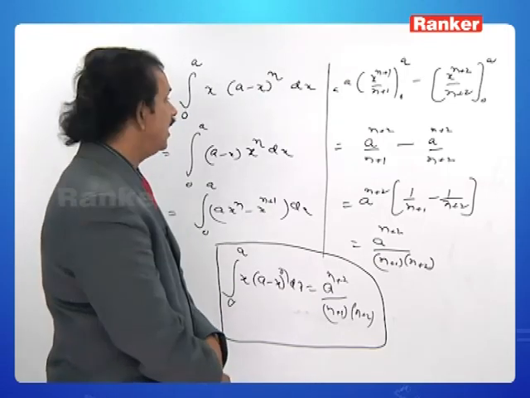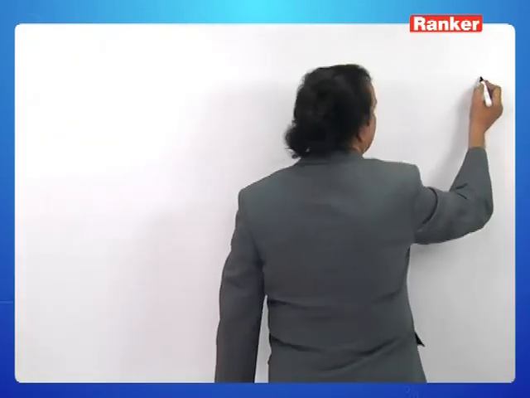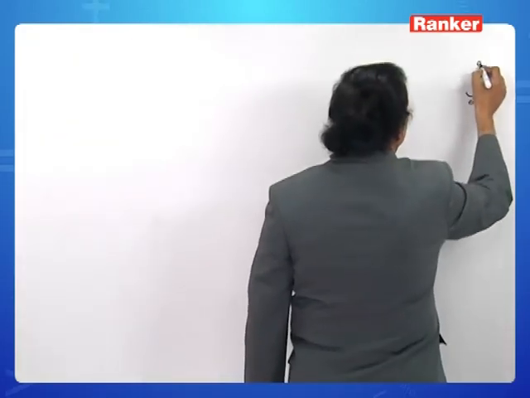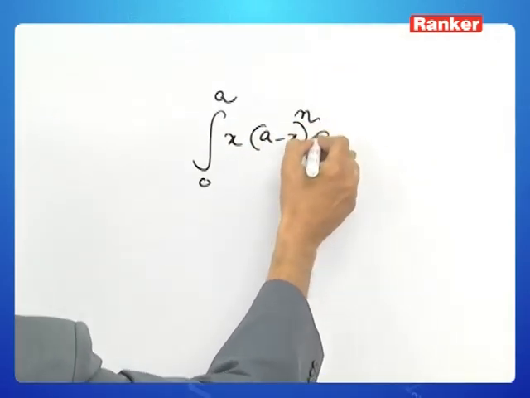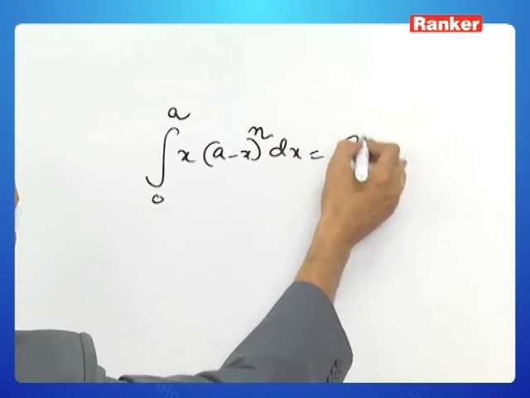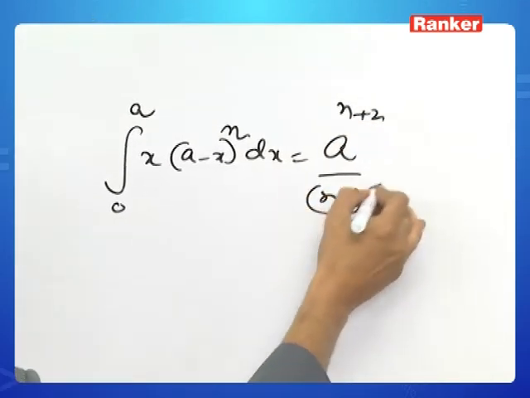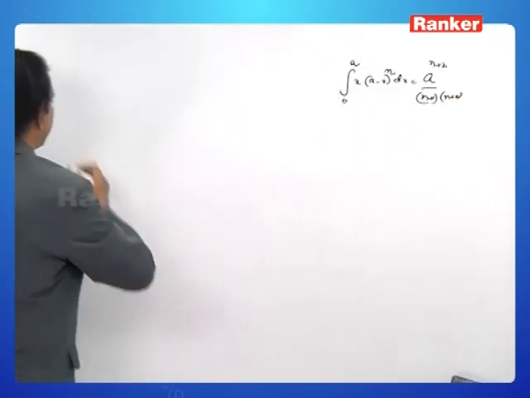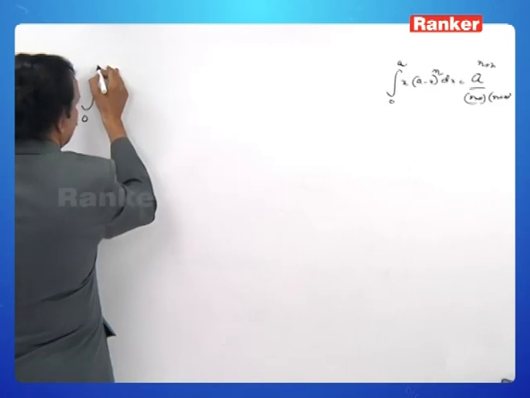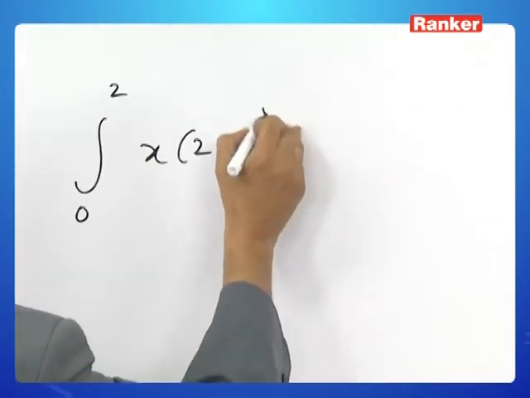Yes, of course. Let us practice this result also. What is the formula? Integral 0 to a x into a minus x whole to the power of n dx is therefore equal to a power n plus 2 by n plus 1 into n plus 2. Okay, integral 0 to 2 x into 2 minus x whole to the power of 5.